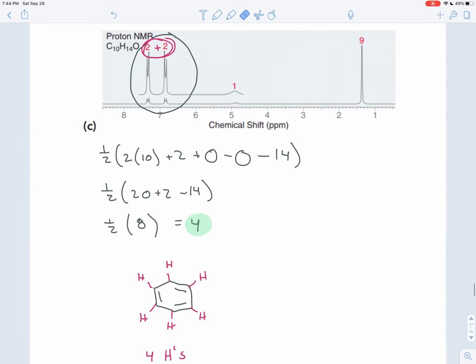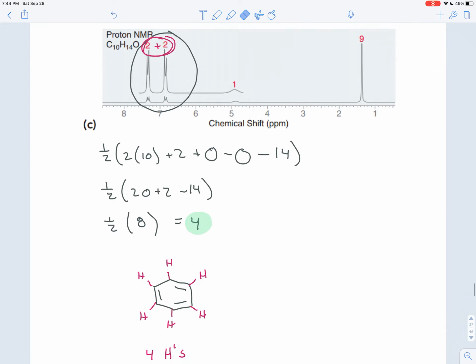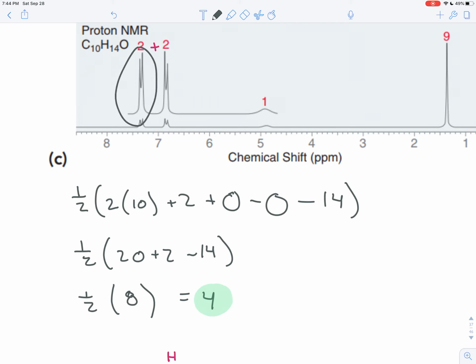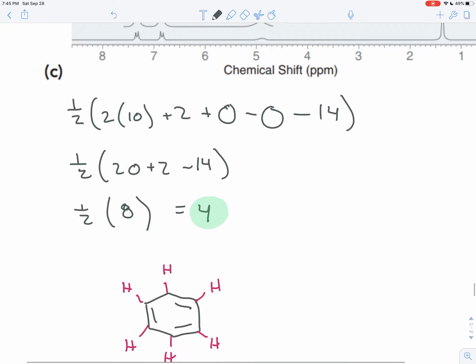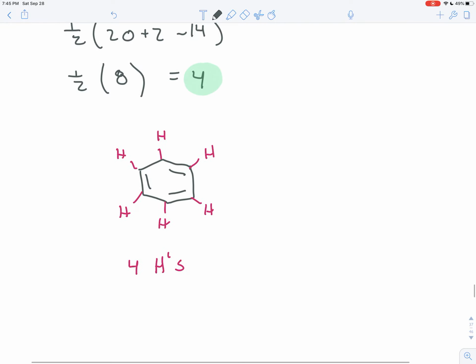But which 2? And for that, you'd want to look at the splitting pattern. Notice you have 2 peaks for the benzene ring. Each peak represents a different electronic environment. The only way you could get 2 peaks, 2 electronic environments, is to have symmetry.